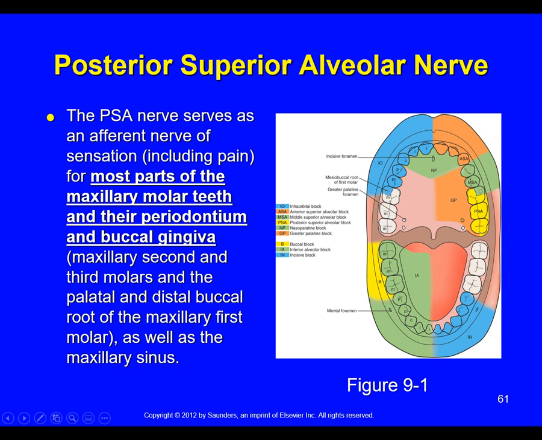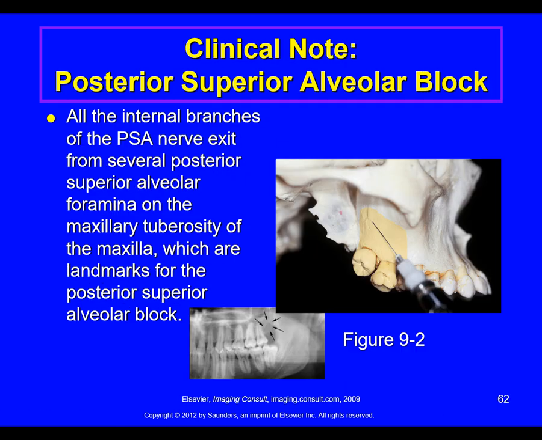Then we've got 16, 15, and 14, except for the mesial buccal root. And the injection for the PSA, or the posterior superior alveolar, would be height of the mucobuccal fold distal to the second molar, and we're trying to get to that foramen around that back corner.